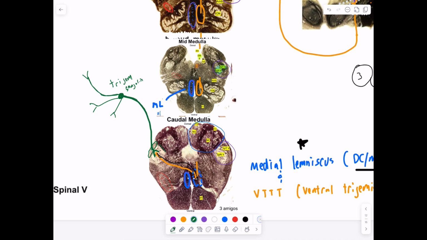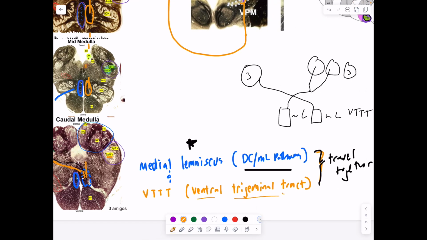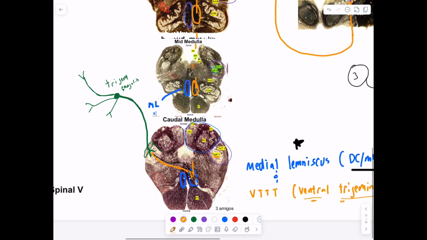We were thinking the 3 amigos. We love the 3 amigos. They're our friends. It's going to synapse here in the third of the 3 amigos, the spinal nucleus of 5, and it's going to send its little axon across, the second neuron, and it's going to go contralateral to VTT, which is the ventral trigeminal tract. How do you get 3 T's? T, T, T. Okay.